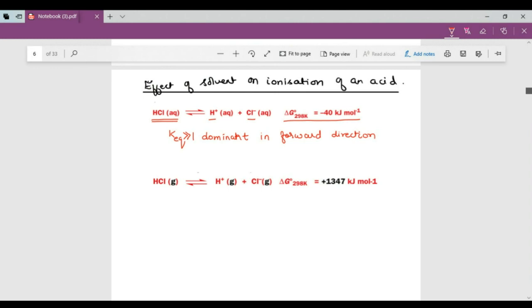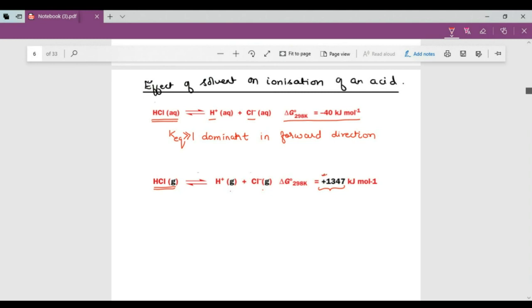Is it okay? If I take the same reaction under gaseous conditions, that is, HCl as a gas undergoing ionization as H plus gas and Cl minus gas, then look at the free energy change, delta G standard at 298 Kelvin. For gaseous ionization of HCl it is plus 1347 kilojoules per mole.